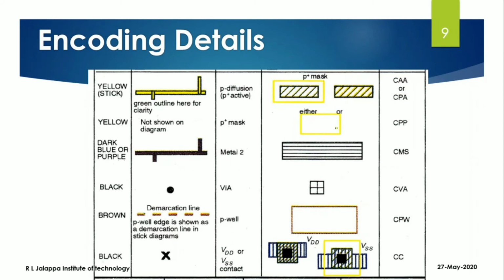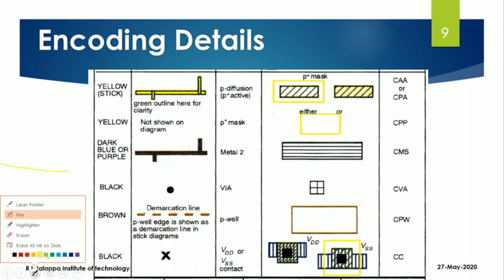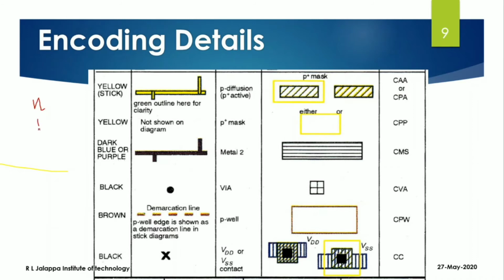So, whatever previous structures we have learned here, that remains the same. That is, all the structures like N diffusion, polysilicon, metals will be the same. Here you have a few more additions to that. One is P diffusion, which is yellow in color. Now this P diffusion can be written in layout as a rectangular box with forward slashes.